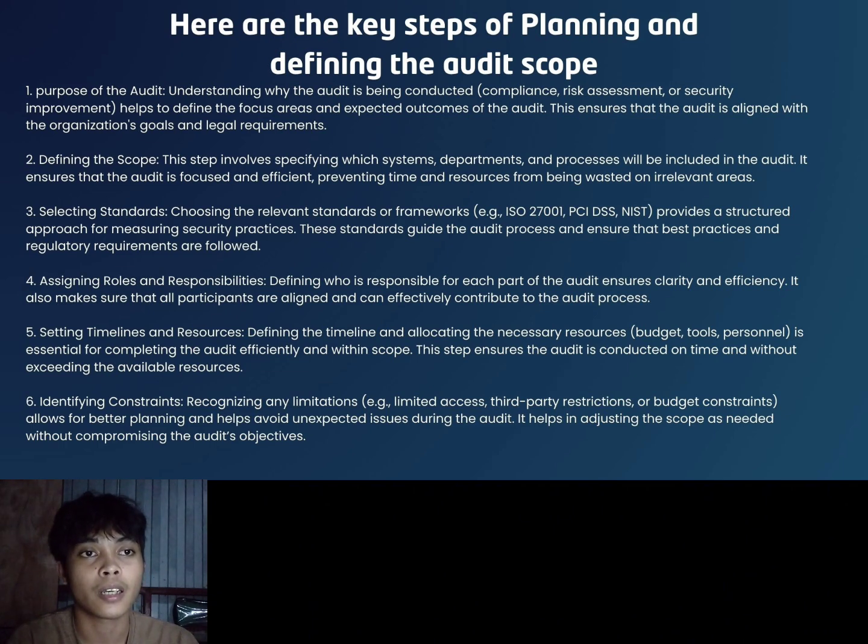Number 2 is the risk assessment. Organizations conduct audits to identify and assess potential threats to their systems, networks, and data. By understanding the risk, they can prioritize security efforts where they are most needed.